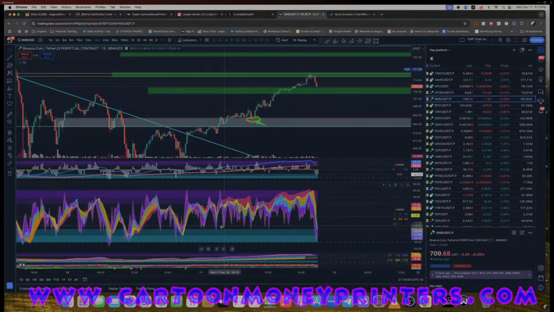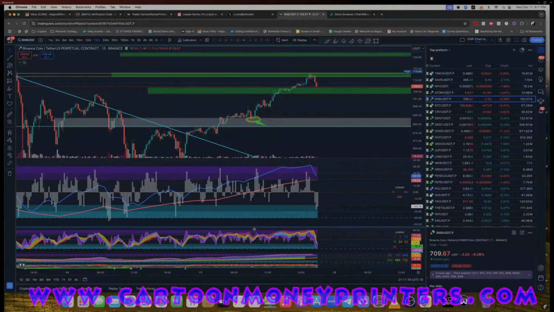Technically it's not a hidden bull div. But if you get these spikes down into oversold, and you're already in a bullish market structure, this is a good spot for a re-entry, okay? Because of the spike down here, and I'll show you on the new setup that I'm doing.